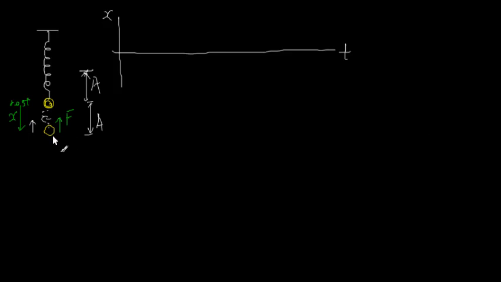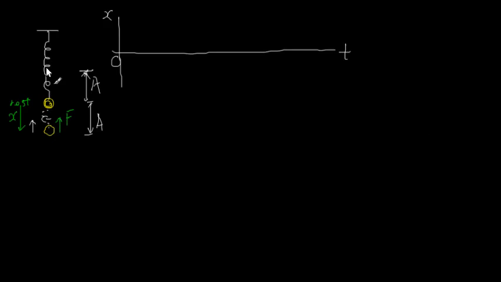If I let it go from here, it will go up. Now let's say I'm going to take my t equals 0. I'm going to start timing at the point where it just overshoots the rest position. It's going to go up and down, right?